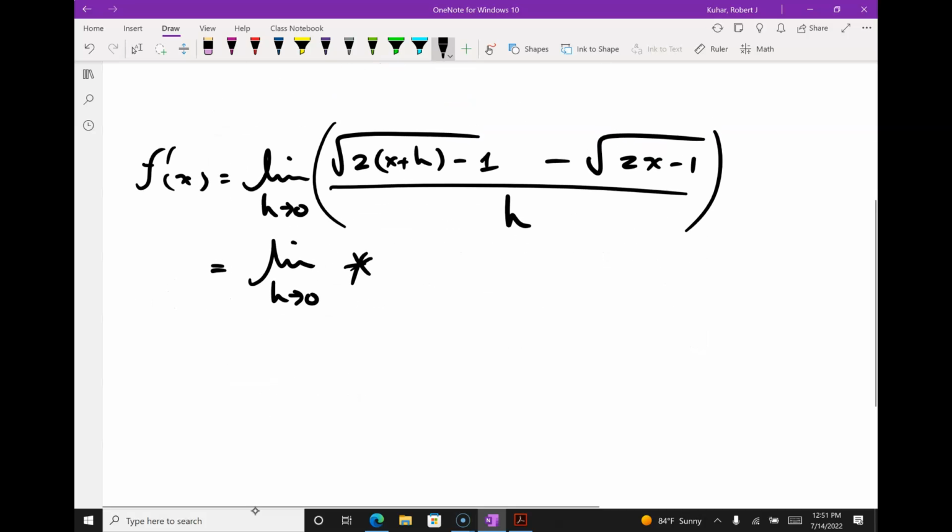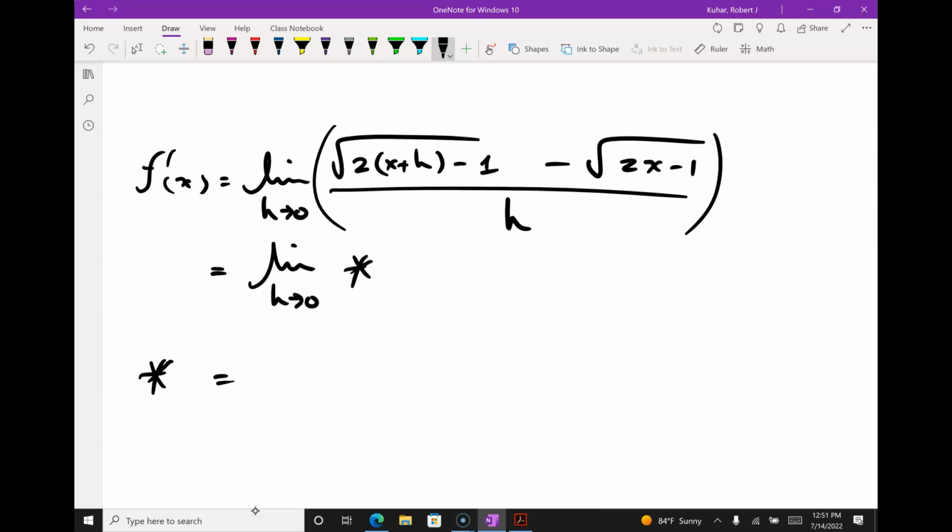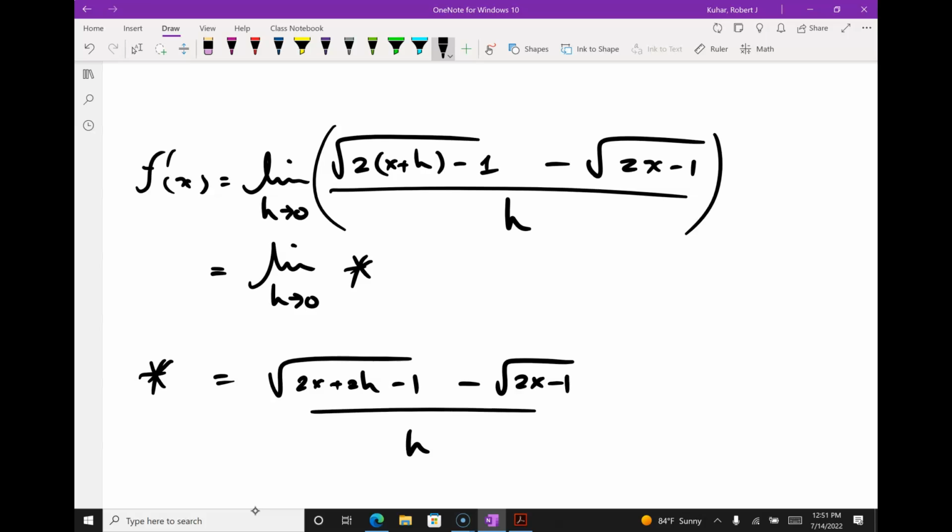So I'm going to say star is square root of 2x plus 2h minus 1 minus the square root of 2x minus 1 all over h. And then from that, I'm going to do the conjugate.